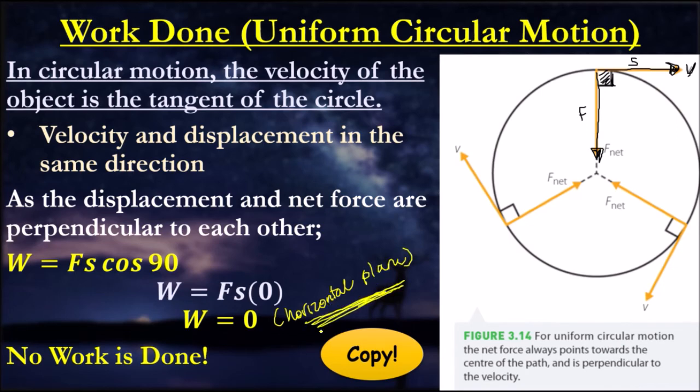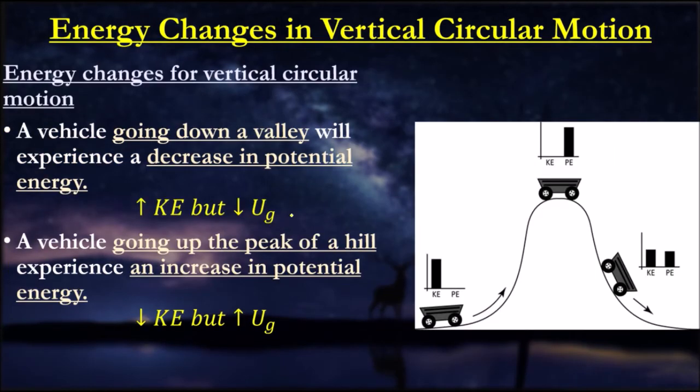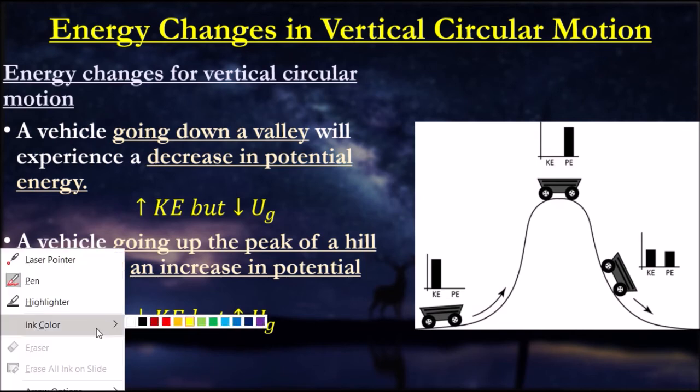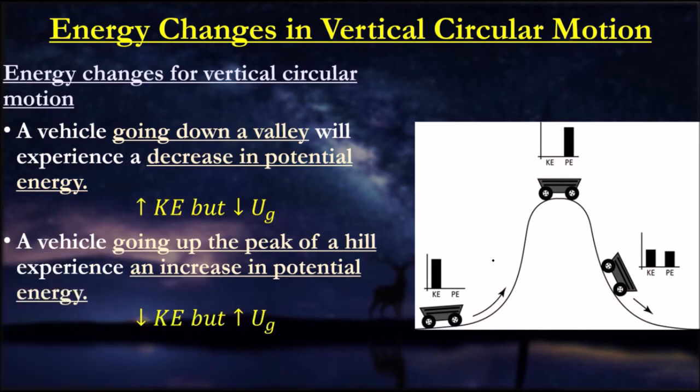Okay, so if we just talked about the horizontal plane, now we talk about what if the circular motion is vertical. What's the scenario there? There are changes now if we are looking at circular motion in the vertical component.